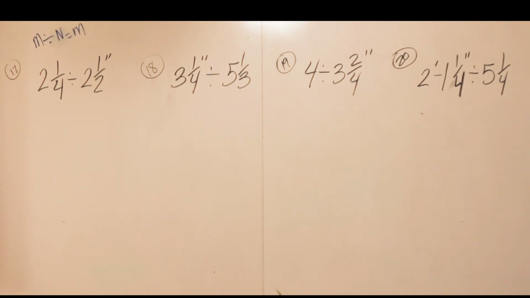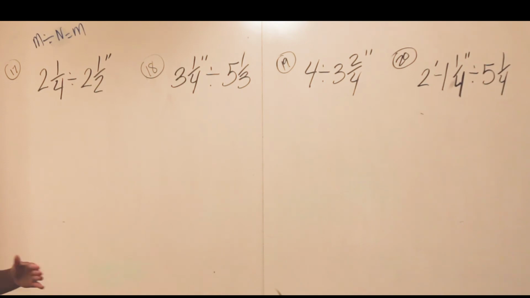If you have two units of measure when you're dividing, your final answer will be a number. But if you have a measurement divided by a number, or a number divided by a measurement, your final answer will be a measurement.